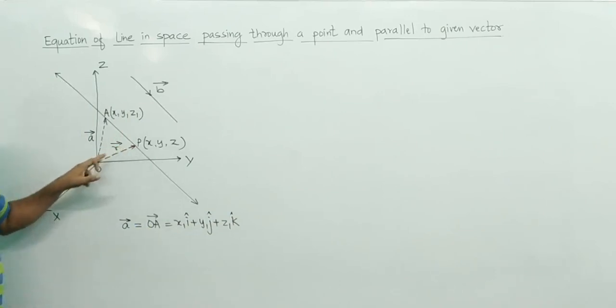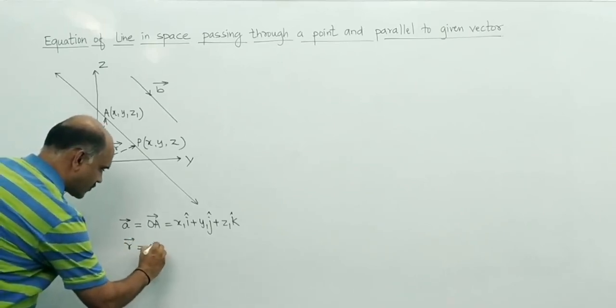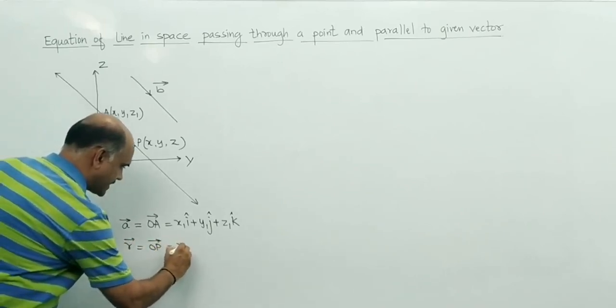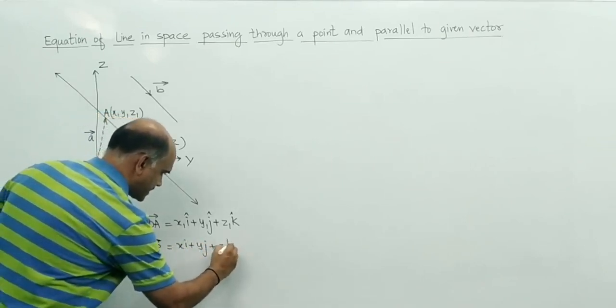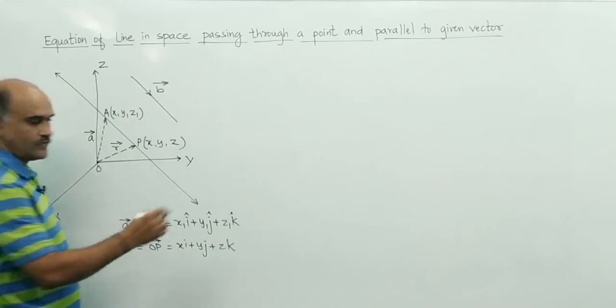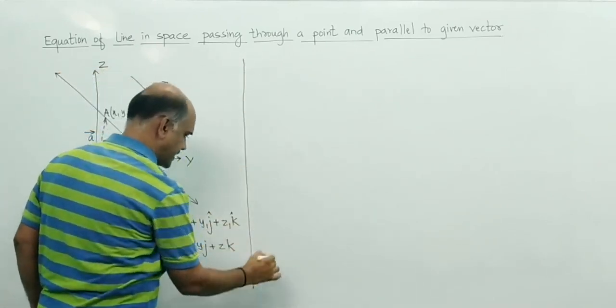Similarly, r is the position vector of point P, r is equal to OP and is xi plus yj plus zk.